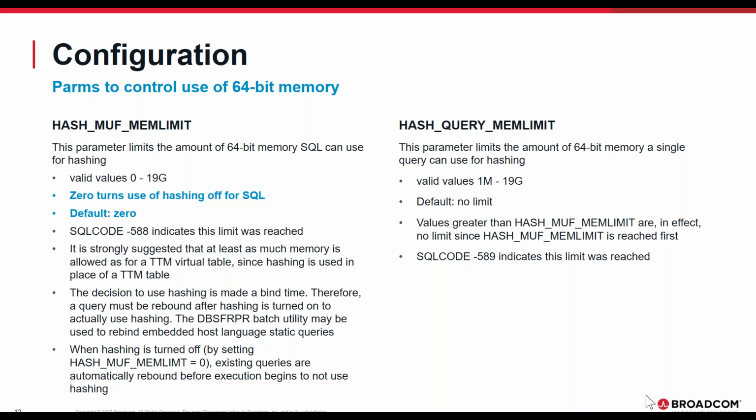Now the query limit can't be set to 0 to turn it off. So if you don't want it on, then just set it higher than the overall MUF limit, because then the MUF limit would get hit first, and that's like not even having it set because it would never be reached, if that makes sense. Okay.